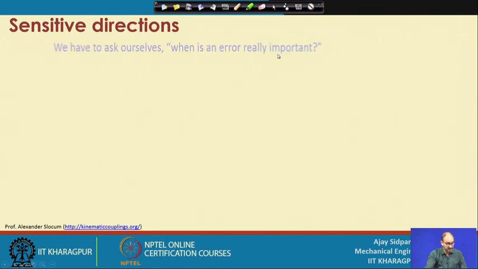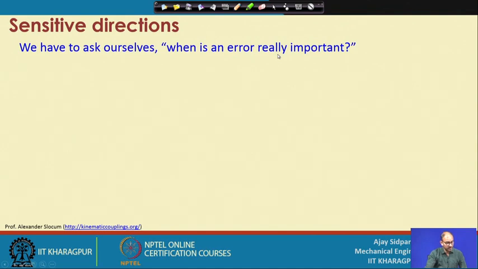Now, sensitive directions. This is also important, because we have seen that we have to reduce these errors, and we have to again look into the monetary aspect, that time and cost are also very important, how much you are spending and how much you are gaining out of it. But before you go to that aspect, first you have to find what the errors are and whether that error is really important to remove or not.